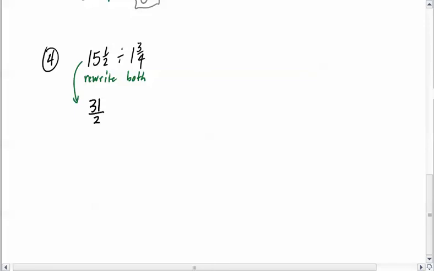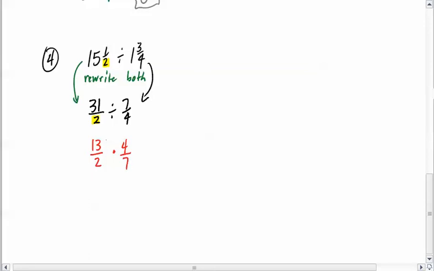Remember, the denominator stays the same, because it's just how large the slices are. They're halves. All right, so this one is going to be 7/4. So now we've rewritten them as improper fractions, and now I'm ready to write it as a multiplication problem.